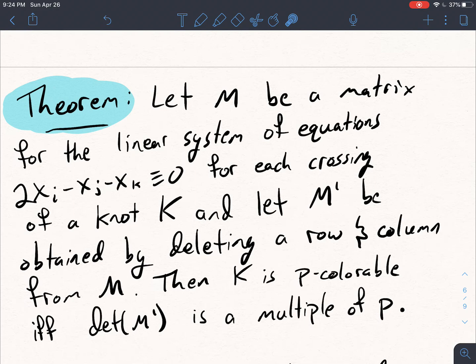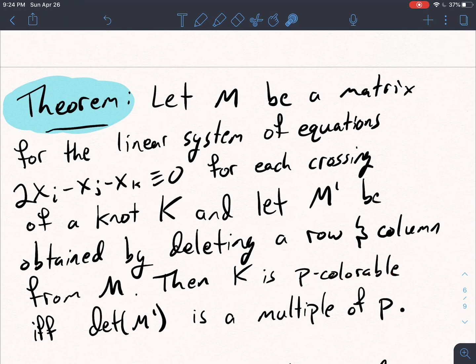So anyway, the theorem that's really summing up everything that I'm trying to babble on about, that maybe is not making a ton of sense right now, is the following. Let M be a matrix for the linear system of equations that look like 2xi minus xj minus xk is congruent to 0, think of it as equal to 0 mod p, for each crossing of the knot.